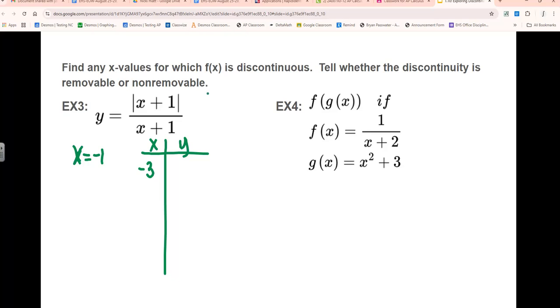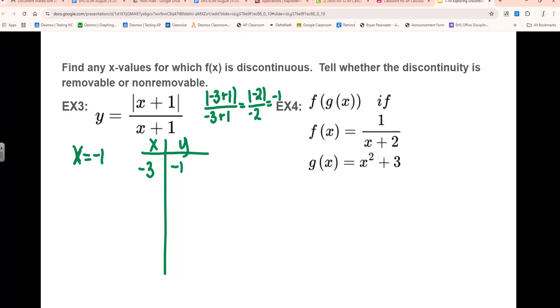So if I do the absolute value of -3 plus 1 over -3 plus 1, in the top, I get the absolute value of -2. In the bottom, I get -2. That gives me +2 over -2, which gives me -1.